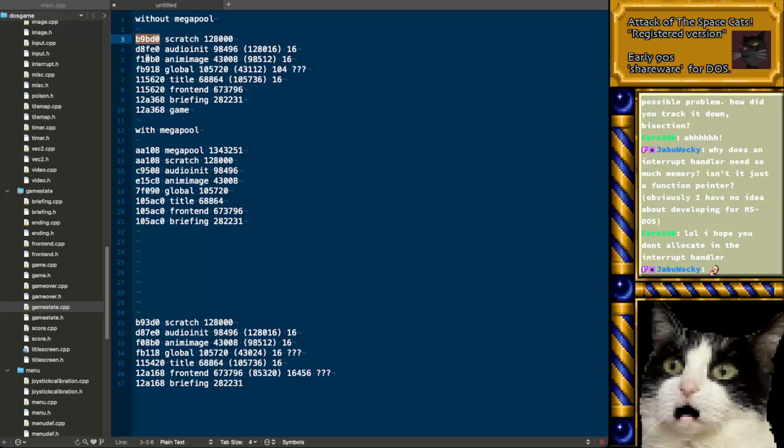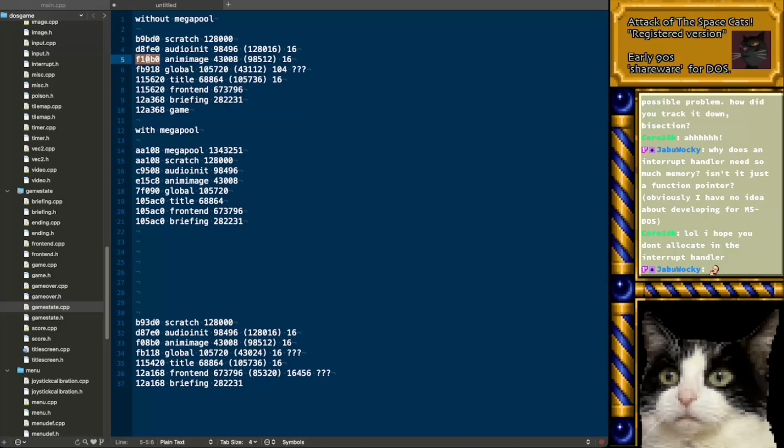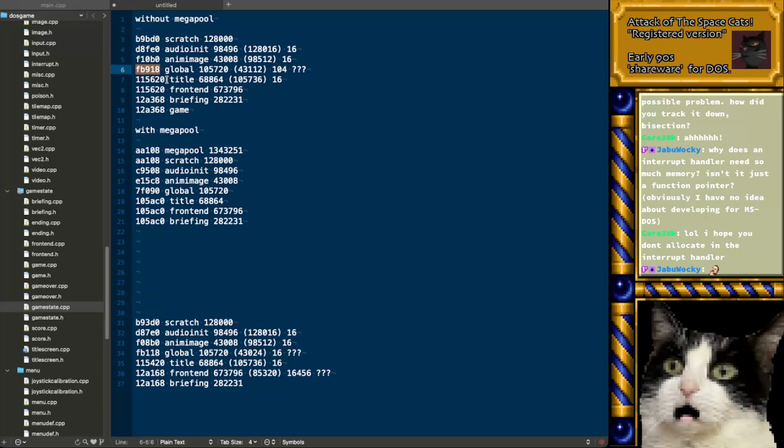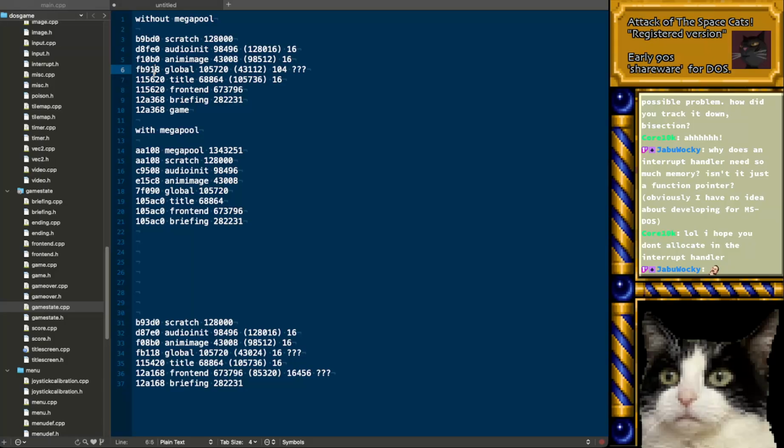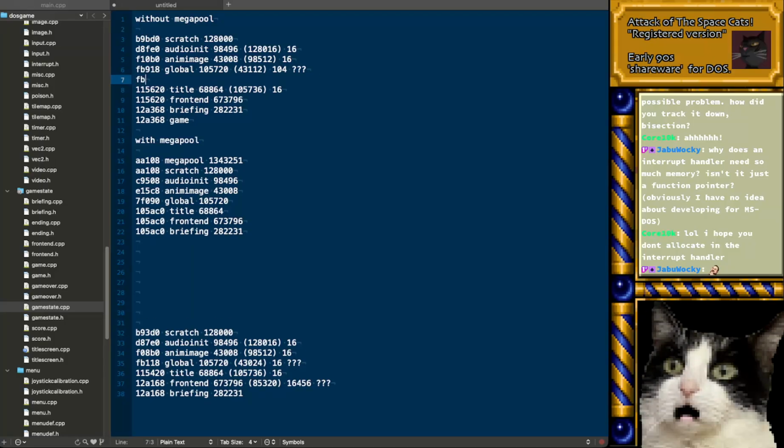D8, FE0. F10, B0. Wow, okay. Oh no, I'm looking at the wrong value again. FB8C0. That's that one. Yes. So, I assume 8C0. Where's my calculator gone? Calculator.